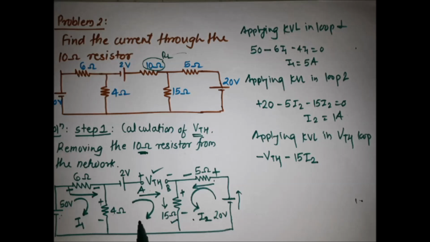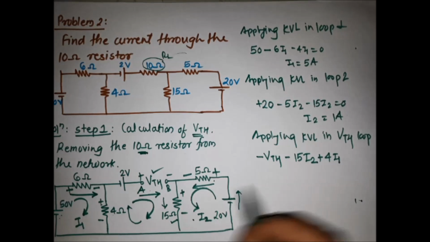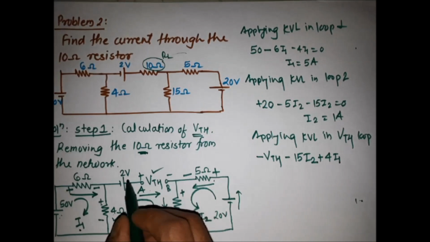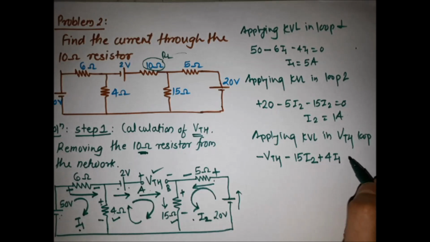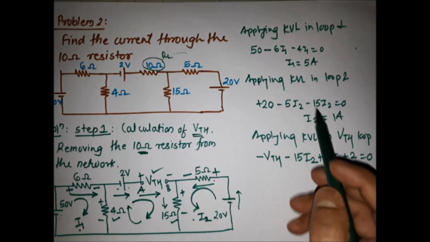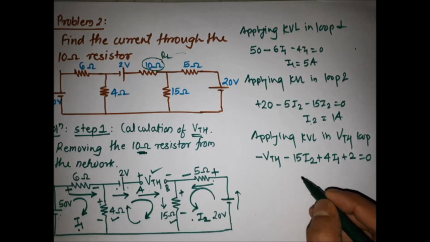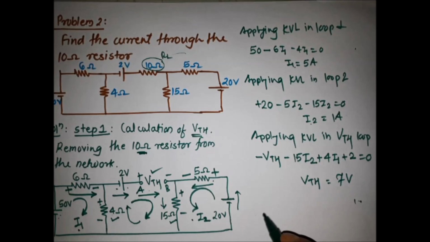Then for the 4 ohm resistor we are going clockwise from minus to plus, so it is plus 4 into I1, because through the 4 ohm resistor current I1 is flowing. Then for the 2 volt source we are going minus to plus, so it is plus 2 is equal to 0. By putting the values of I1 and I2 in this equation we get the value of VTH is equal to 7 volt.